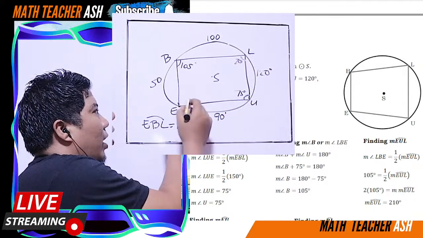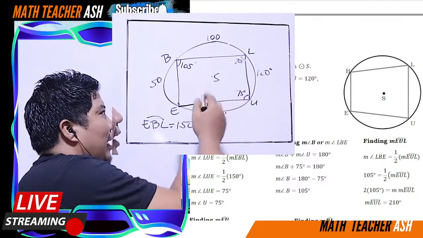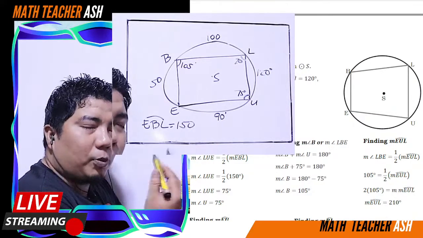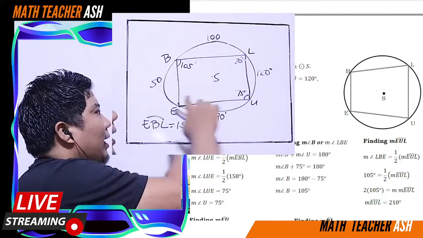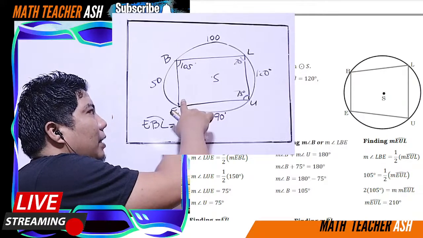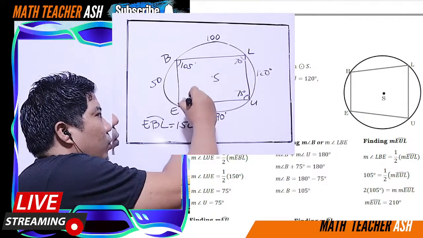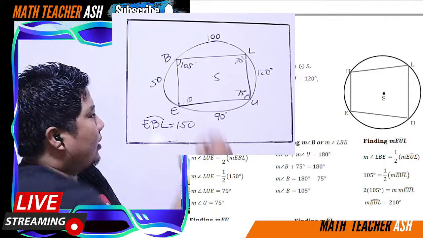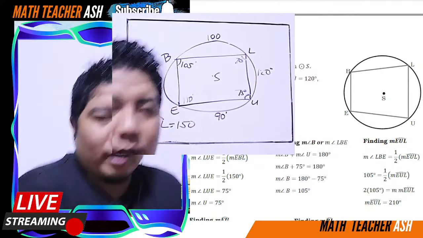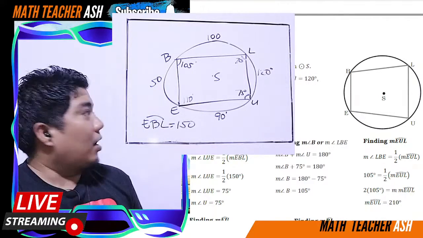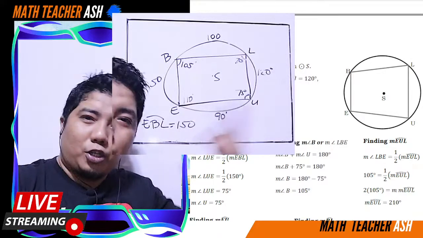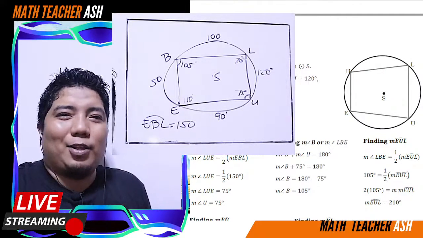And this one, opposite angles are supplementary. Ilan ang kailangan ni 70 para maging 180, and that is 110 degrees. So therefore, we have already finished solving our whole circle, my dear math learners.